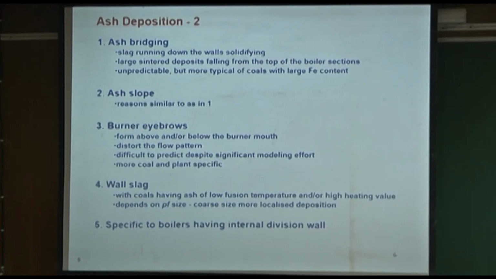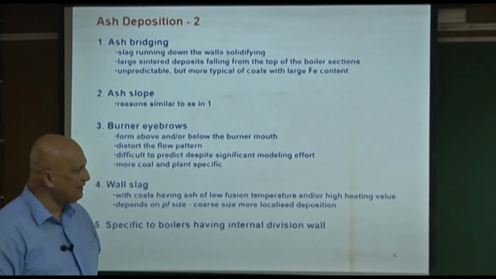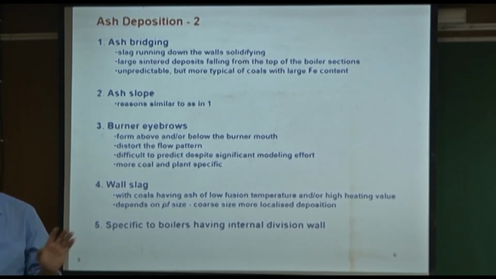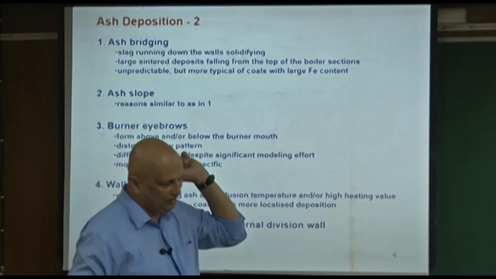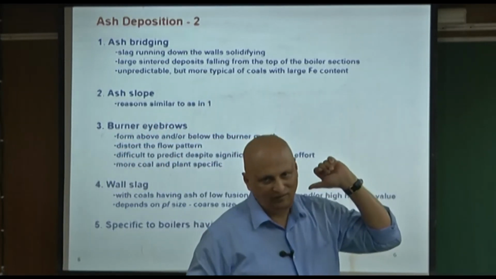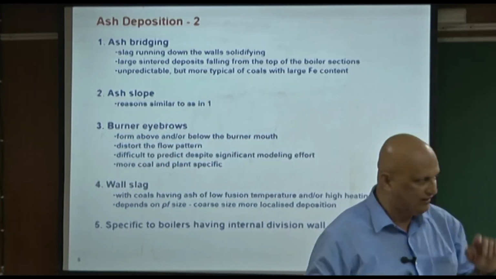What I mean here is that if the composition of the ash is predominantly silica and alumina, nothing will happen to it, because these two compounds melt at very, very high temperature, and the PF boilers will never do anything to it. Fantastic.